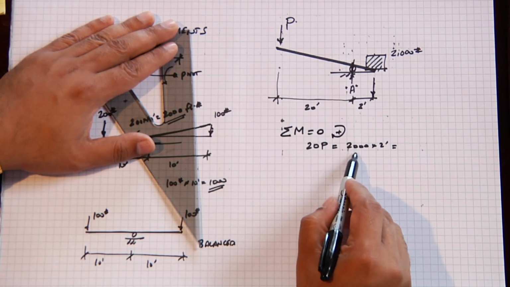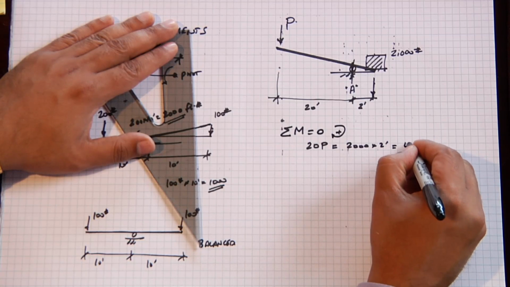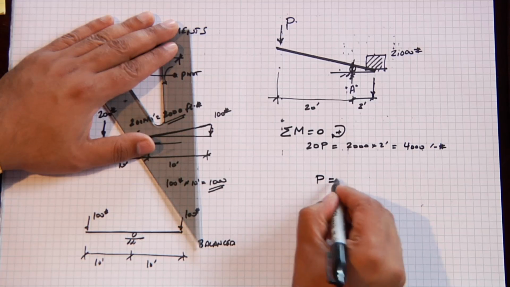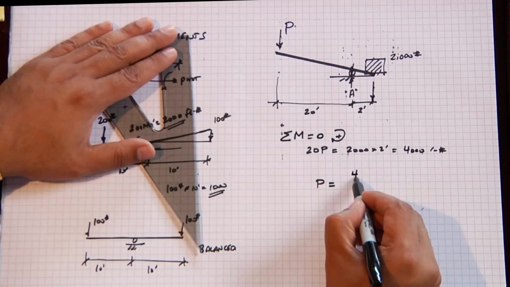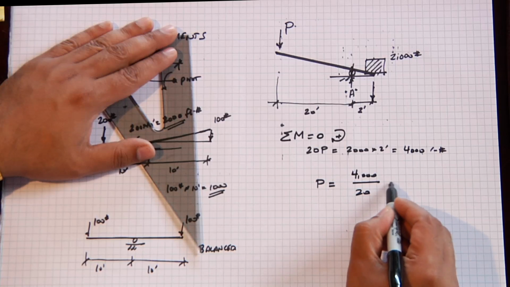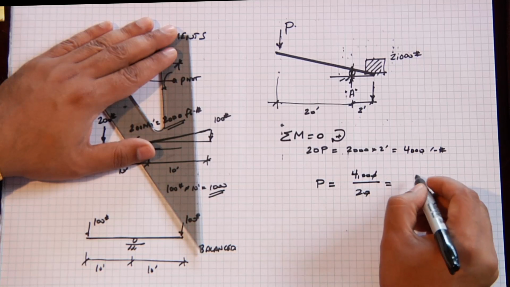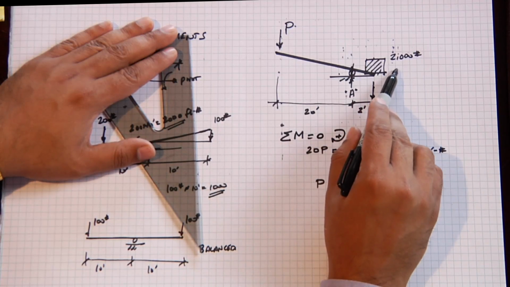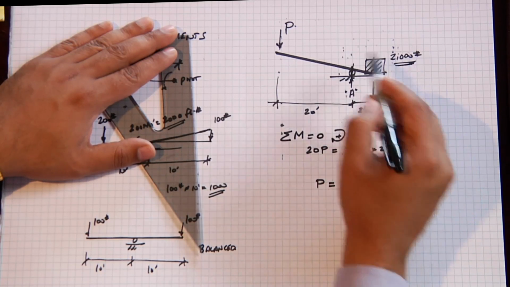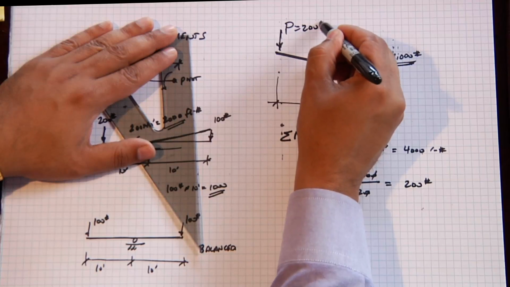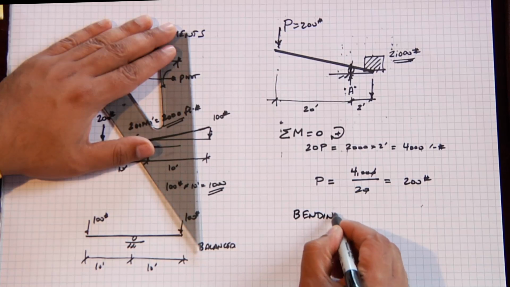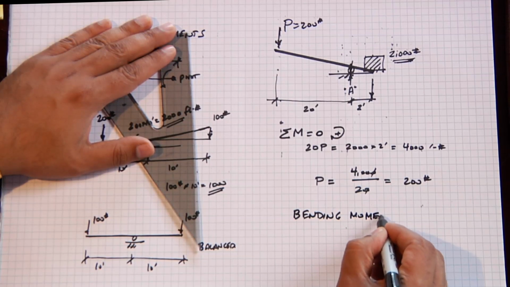So 20P is equal to 2,000 times 2, which is 4,000 foot-pounds. So P, in order to lift that weight, would be 4,000 divided by 20, which is 200 pounds. That means that I can lift a weight of 2,000 pounds by applying a 200-pound force 20 feet away. That's the concept of bending moment, also known as the principle of leverage.